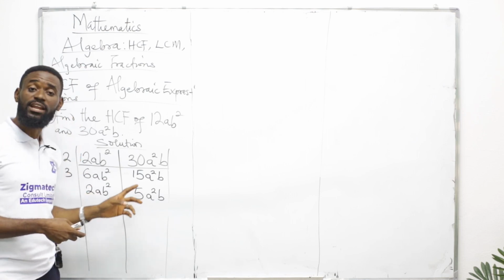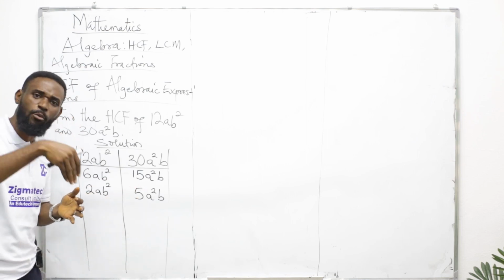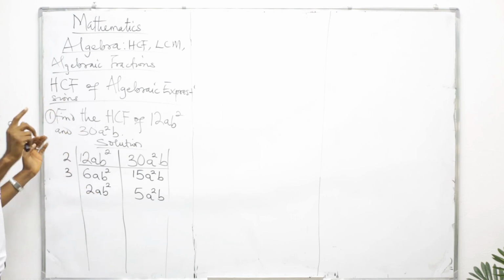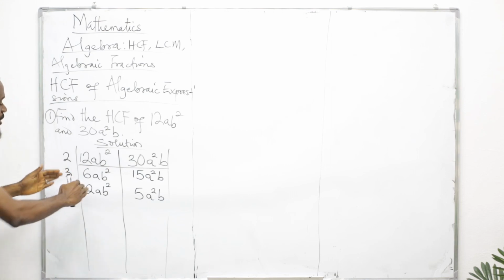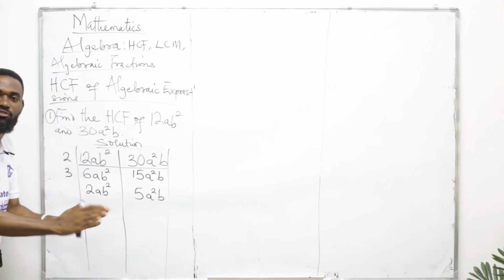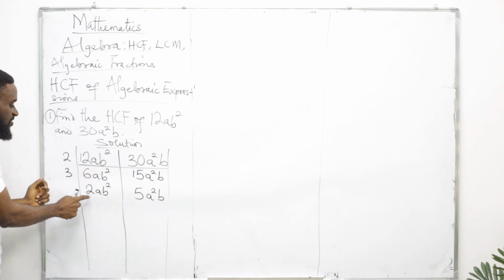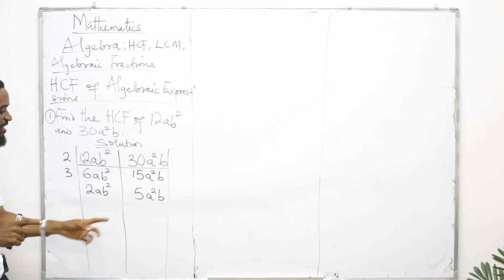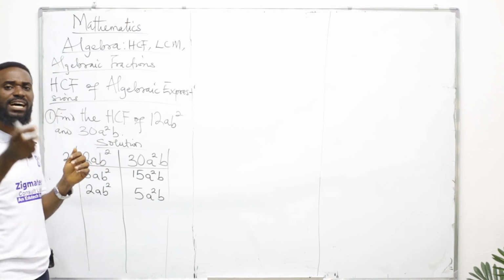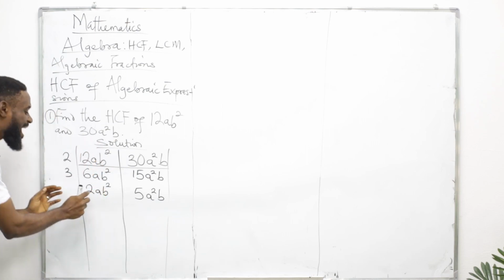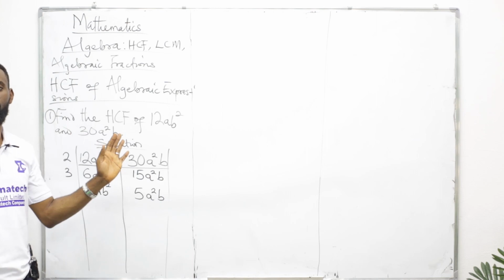For 5, 1 and 5 are factors of 5, but they are not common. We don't use 1 as a common factor, because it will keep giving us the same number. So 1 is excluded. Because they don't have a common factor, we are done with the real numbers.